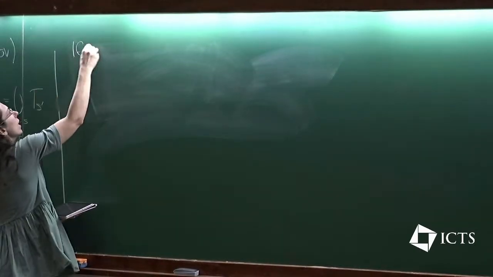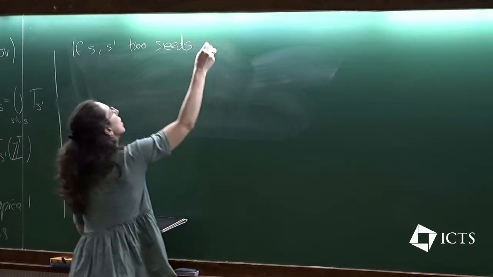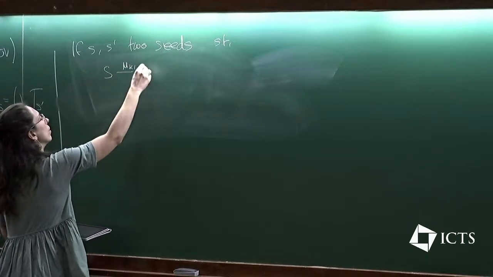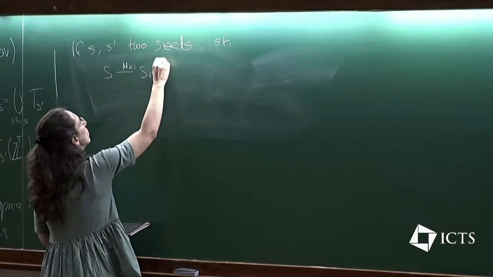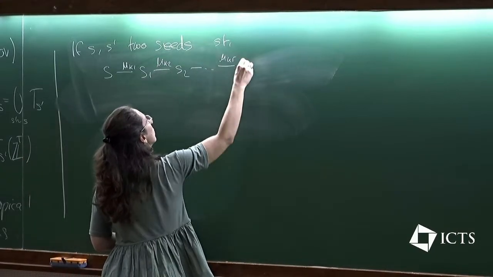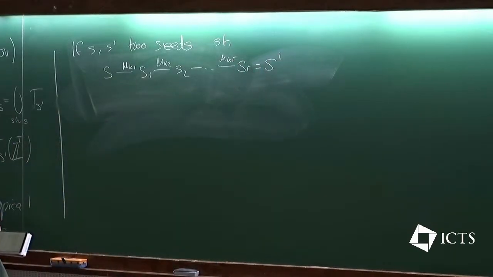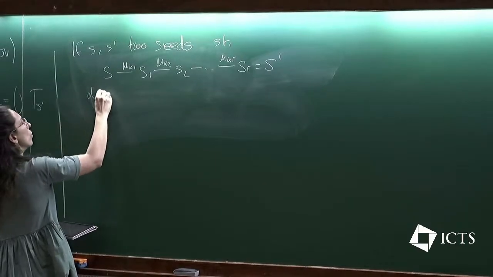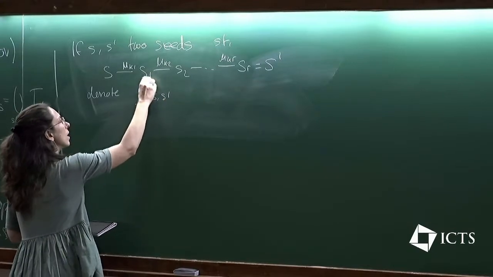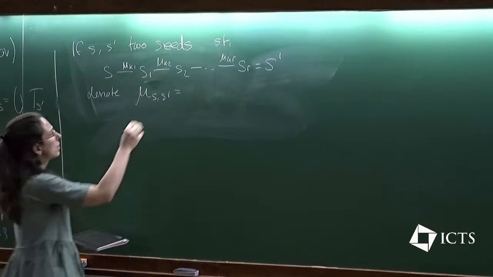So if I have S and S prime, two seeds, such that there's a sequence of mutations relating the two, then I denote by mu S S prime, and I can do this tropically or not, the composition of the corresponding maps.